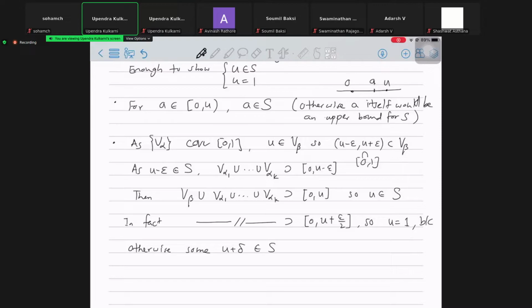Contradicting that U is an upper bound. Contradicting the choice of U. So that's it. I'm done.